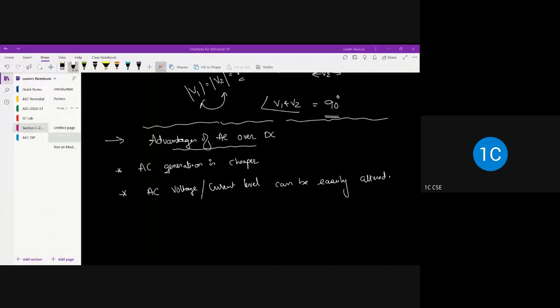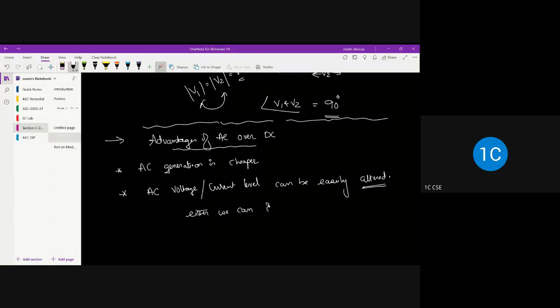Now, what do you mean by altering? The meaning of altered is we can increase or decrease the level of voltage or current.